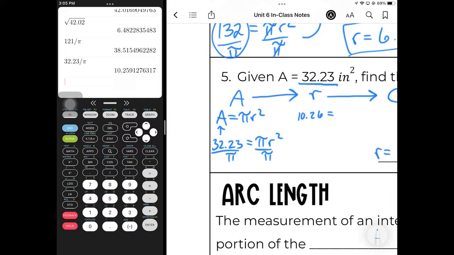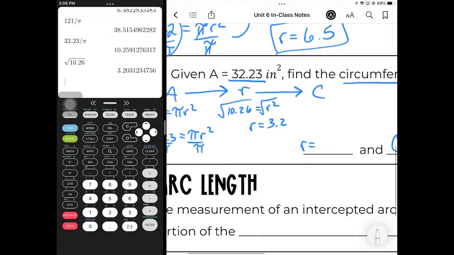But that is equal to r squared. I need to still do the square root to get r by itself. So if I do the square root of 10.26, I get that the radius is 3.2. So that's the first answer I want to write down. 3.2 is my radius.